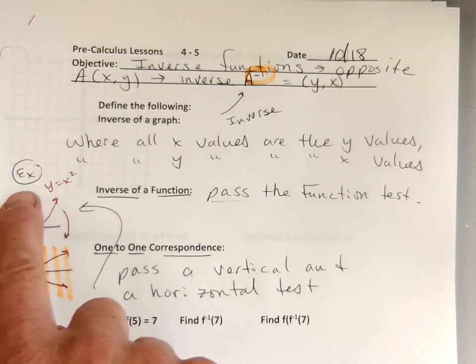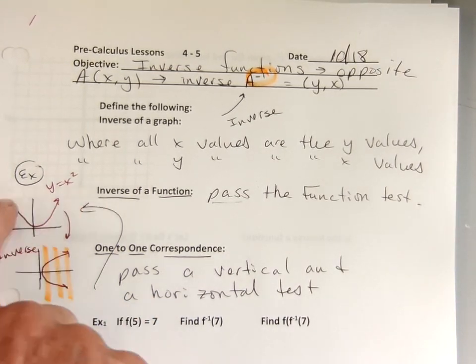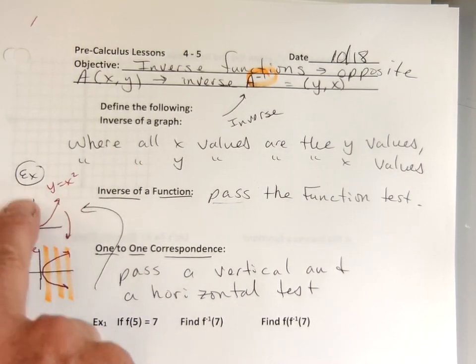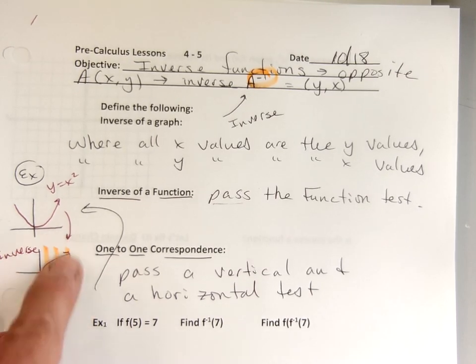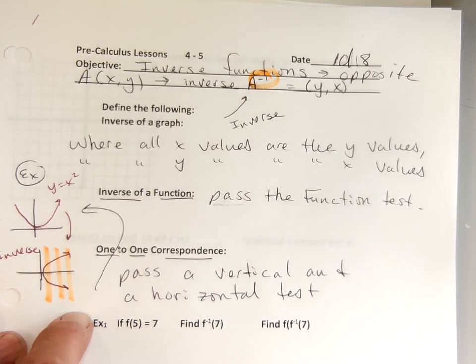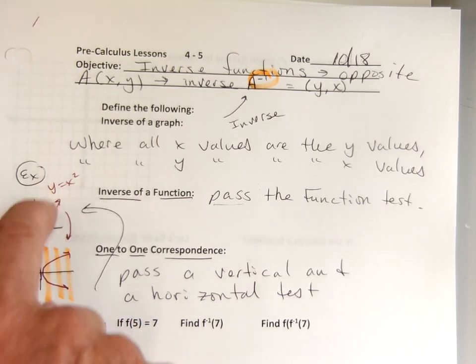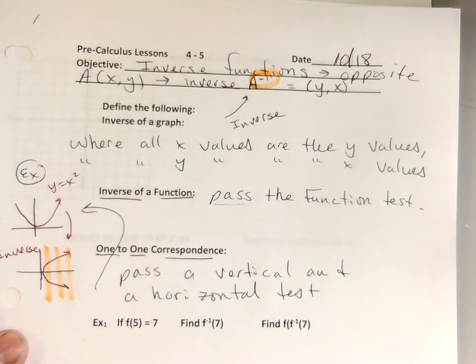This graph, y equals x squared, would not pass a horizontal test, which means it would not have an inverse. I'll say this again. This graph does not have an inverse, right? Because that's not a function, right? Does not pass the vertical line test. So if any particular graph doesn't pass a vertical line test or a horizontal line test, it will not have an inverse. Okay? All right.